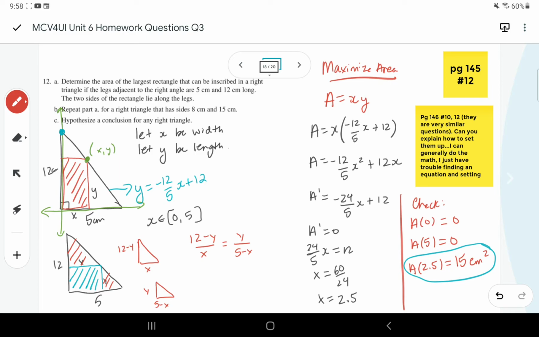Question number 10, let me take a look at that one because I do want to address the setup of it. If I can find a little bit of space here to draw that in. I am kind of full in here. Number 10 is, I'm just going to delete this if I can.